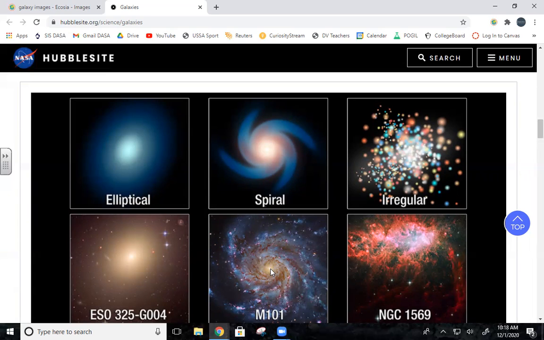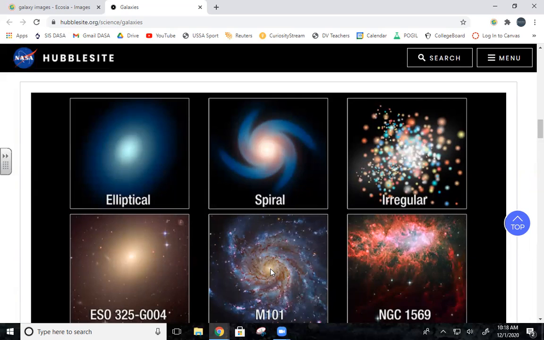Yeah. So at the center of all of these galaxies, you'll find a supermassive black hole. And a supermassive black hole is anything that has a mass of over 1,000 suns. Most of the black holes in the center of these galaxies have millions of solar masses.